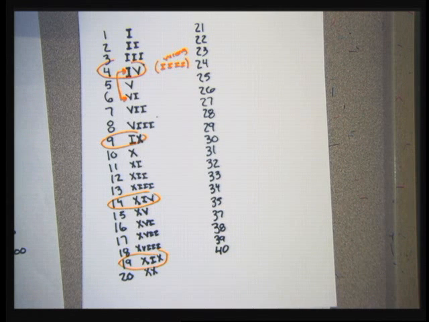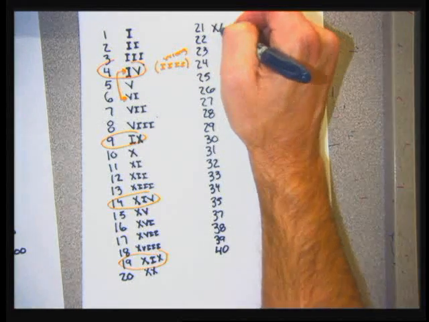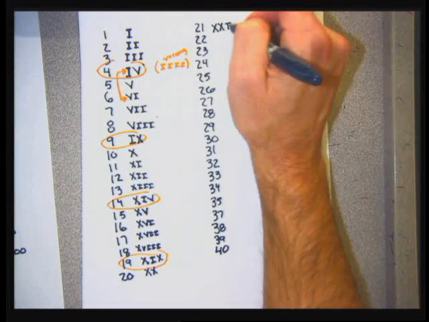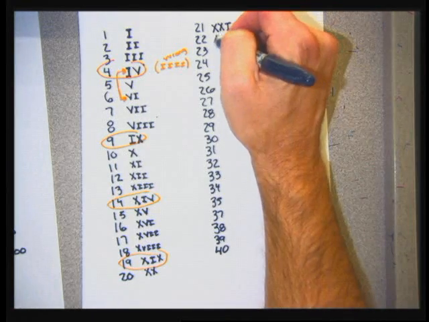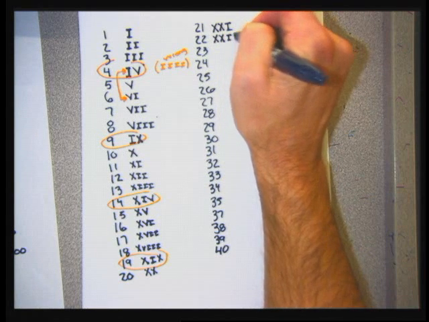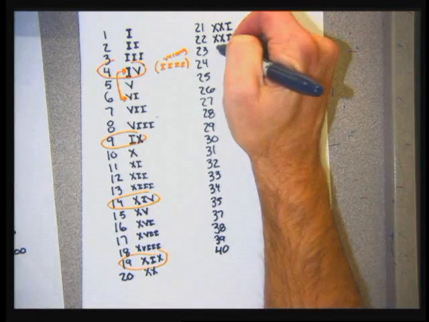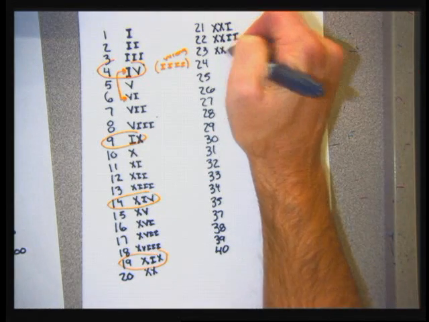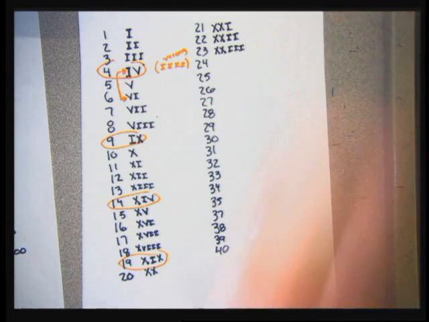So to do 21, I'm going to write a 20, which is a double X, 10 plus 10 is 20, and then an I to give me 21. To do 22, I'm going to write a double X for 20, and then a double I for 2, and that's going to be 20 plus 2, which is 22. For 23, double X for 20, triple I for 3, that's going to give me a 23.